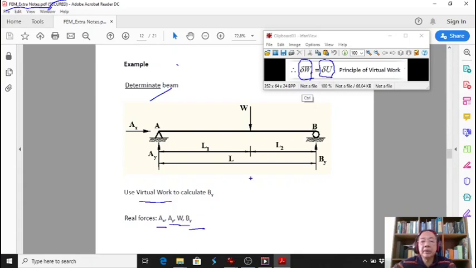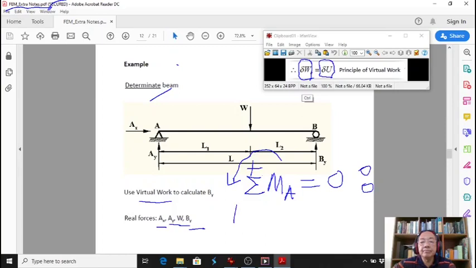The simplest way to find BY is to use total moment. This is the equilibrium equation: total moment at A equals 0. We take positive in this direction.